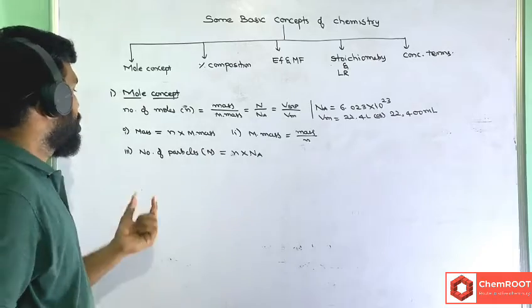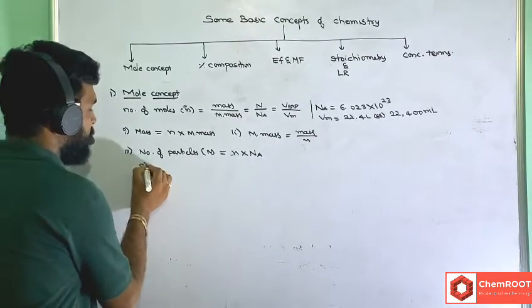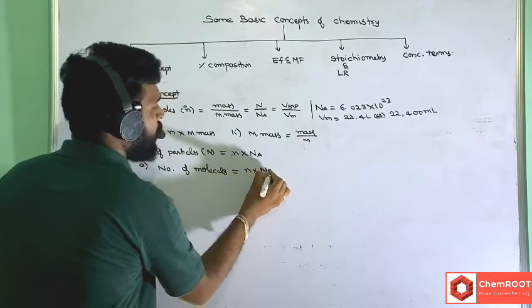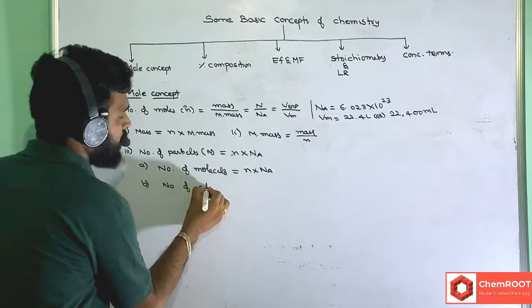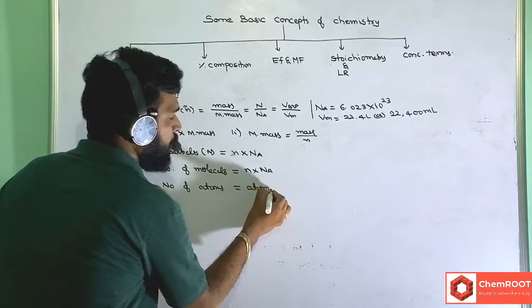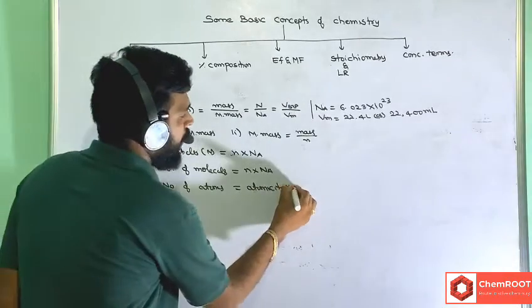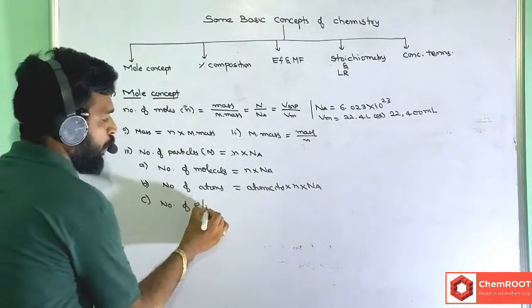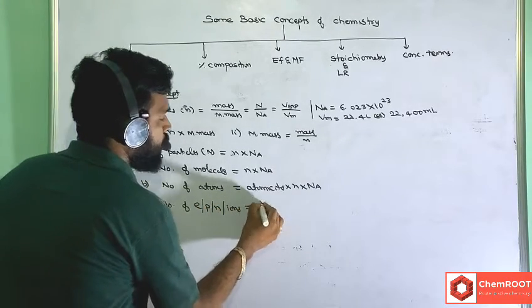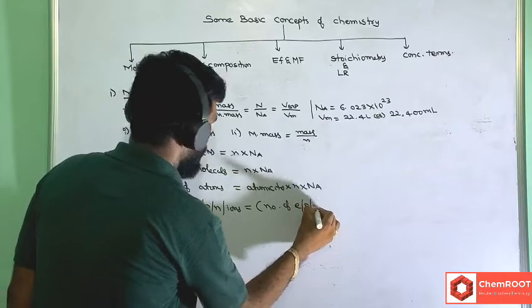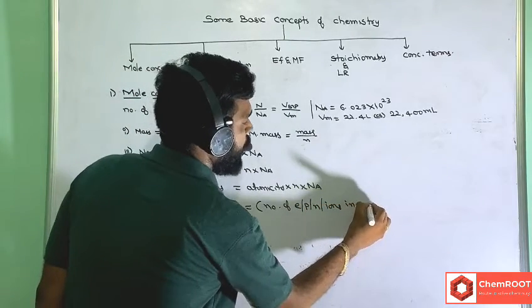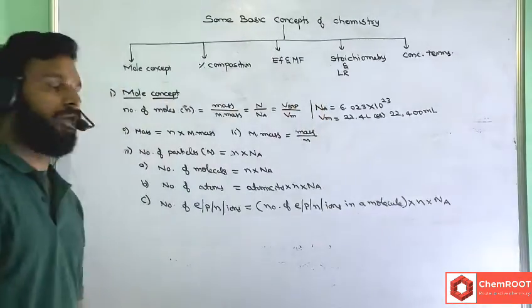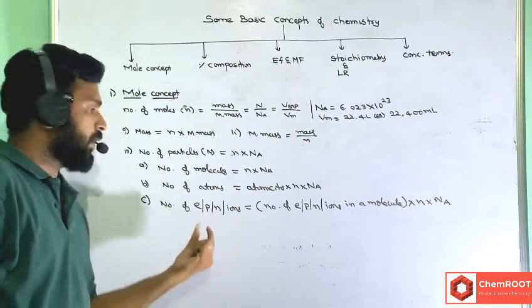For number of atoms, we need how many atoms are present in a molecule, which we call atomicity, into n into Avogadro number. They also ask for the number of electrons, protons, neutrons or ions: the number of electrons, protons, neutrons or ions in one molecule or ion, into how many such molecules there are.